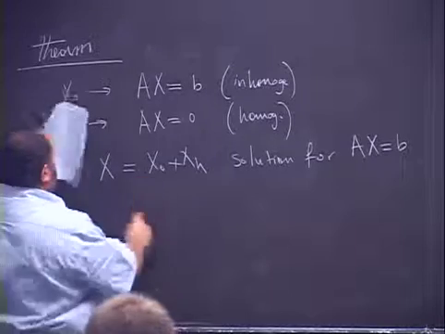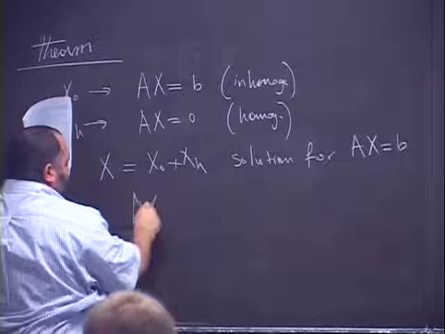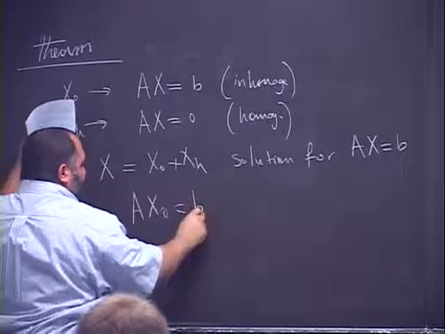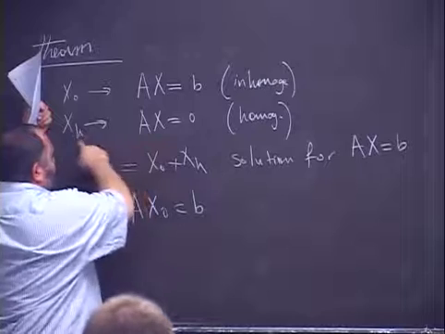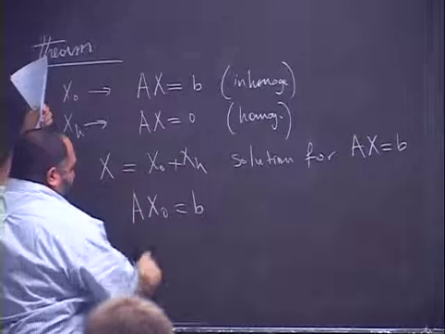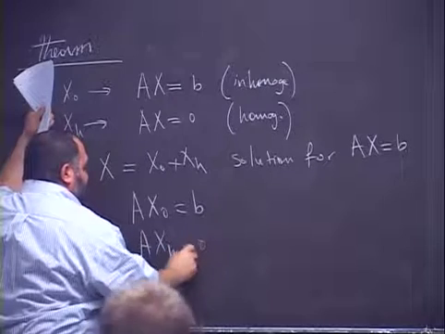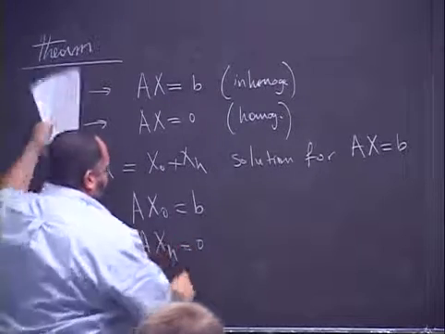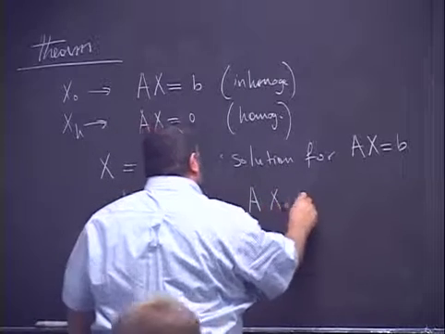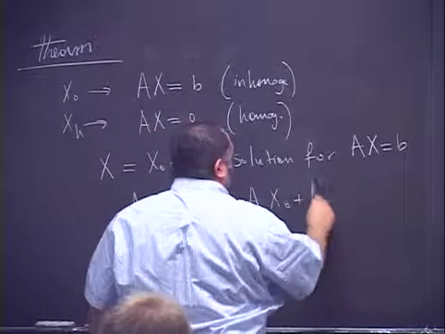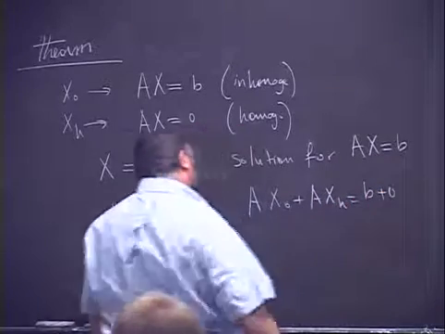And the proof is, if x naught is a solution for this, you can write A x naught equal to B. And if Xh is a solution for AX equal to 0, so A Xh equals 0. You can add those two equations, so it will give you A x naught plus A Xh, and this is equal to B plus 0.